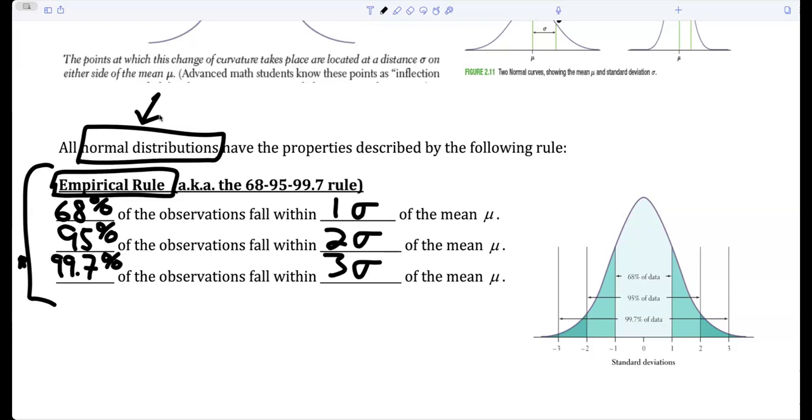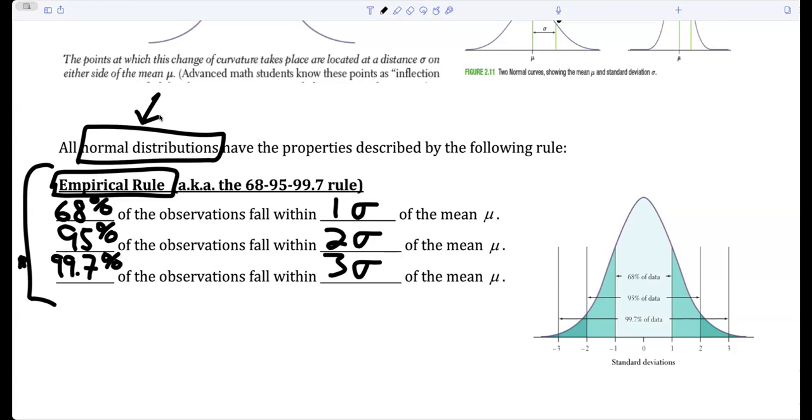IQ tests, for example, okay? They write IQ tests with a mean of 100, and let's say a standard deviation of 15. Well, if that's the case, then the empirical rule says that of all the people that take an IQ test, 68% of them will score within one standard deviation of the mean.